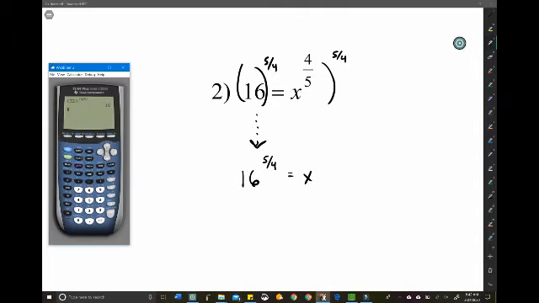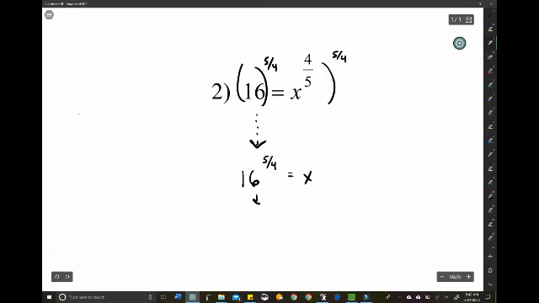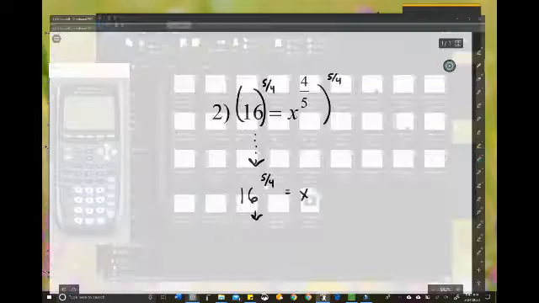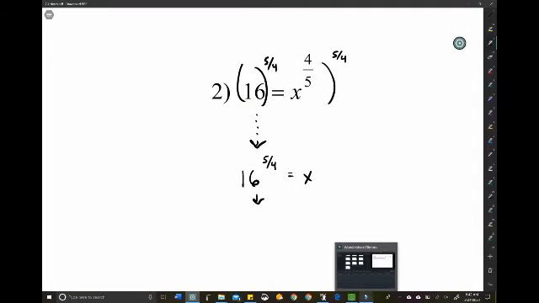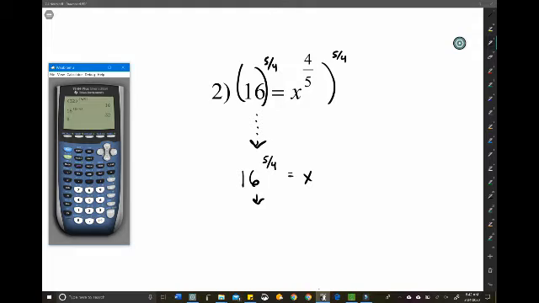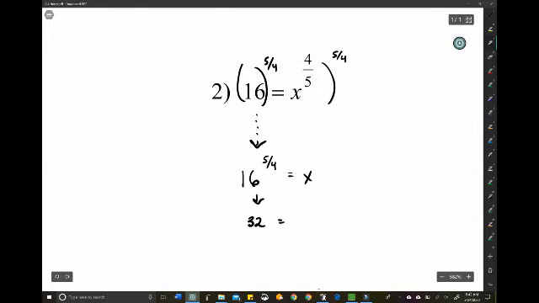So 16 to the 5/4. Yes, I did not put parentheses this time. It'll be okay because it's not a negative. So really, if that's a negative, be careful. But what did we end up with? We ended up with 32. 32 is equal to x. Okay. Boom, boom, boom, boom.